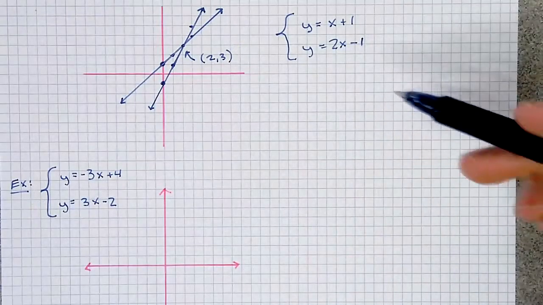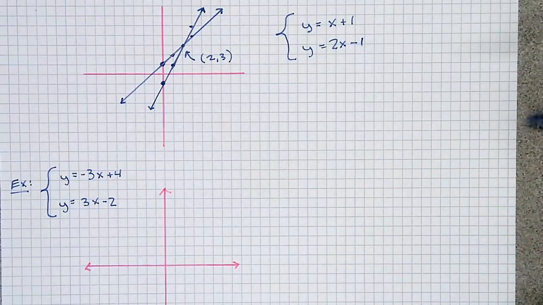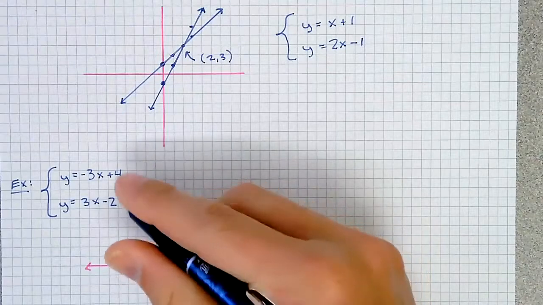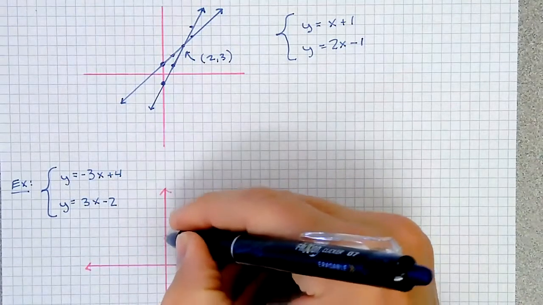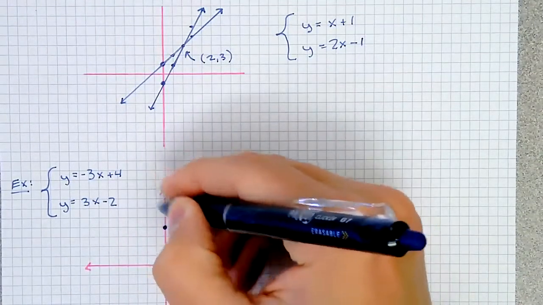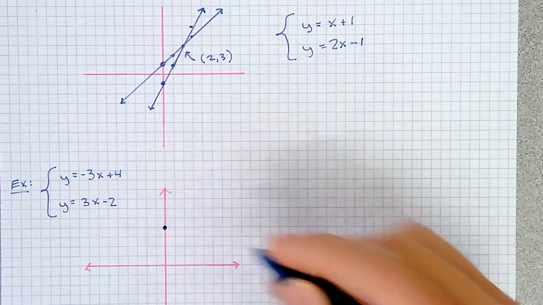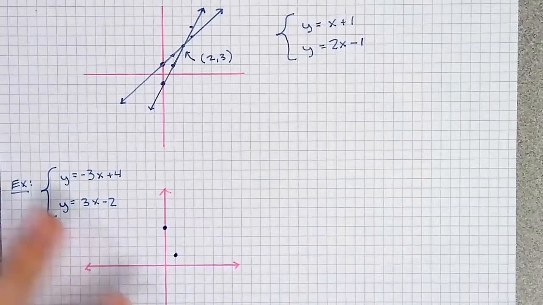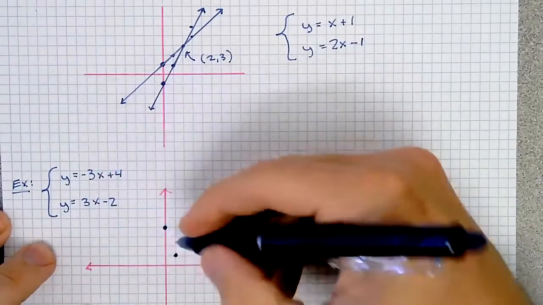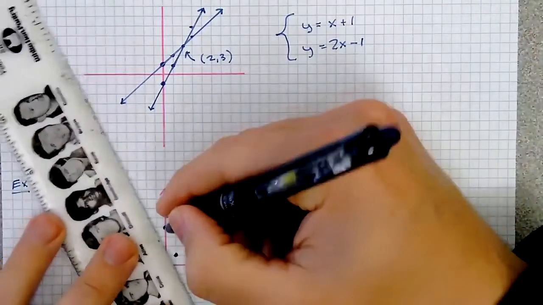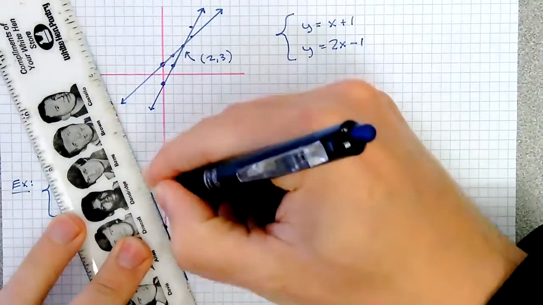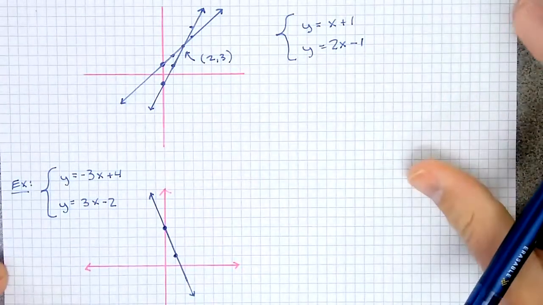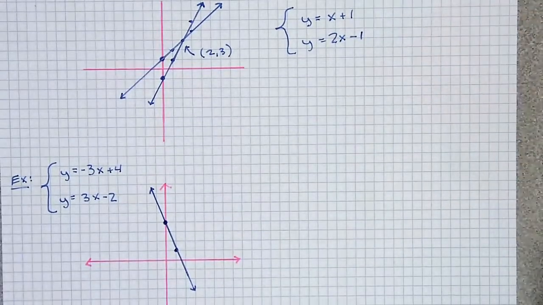Another example here, y equals negative 3x plus 4 and y equals 3x minus 2. Graph the first one, y-intercept of 4. Slope of negative 3. So we got our first line there.